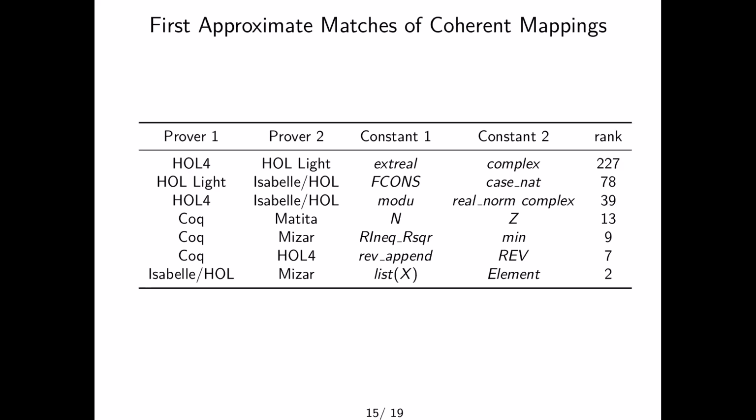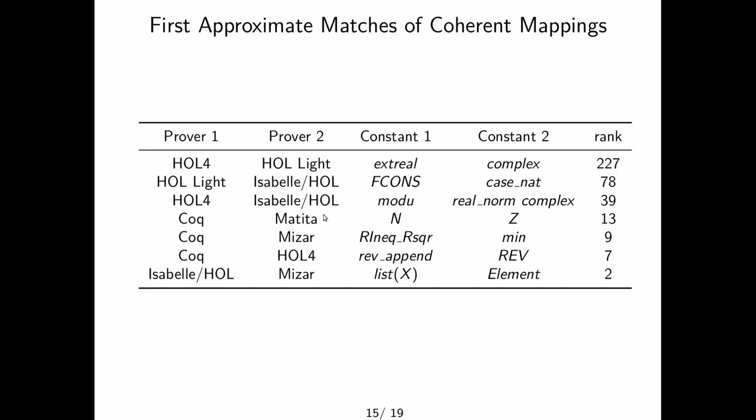So for HOL Light and HOL4, it works very well because they are very similar, and we only get something wrong at the 227th mapping, where the type of real numbers is matched to the type of complex numbers, which is not true.